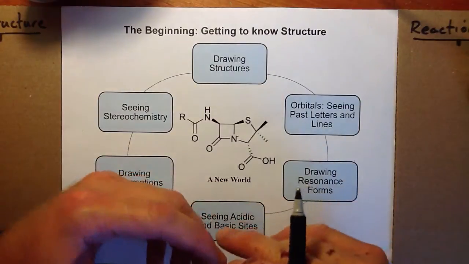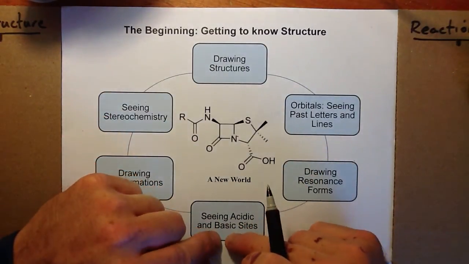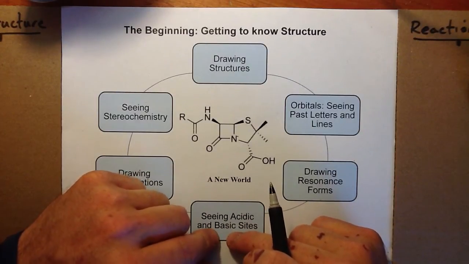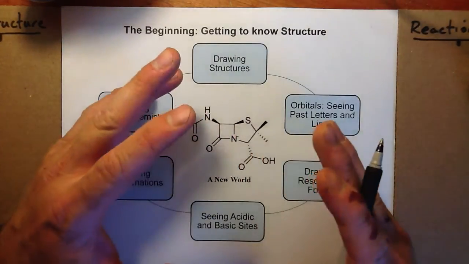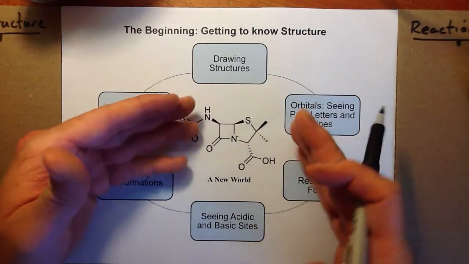That helps us see what protons would be most acidic. Or if we're wanting to find basic sites, these are electron-rich sites, sites that would be in excess of electron density within this molecule. And you say, I don't see it.